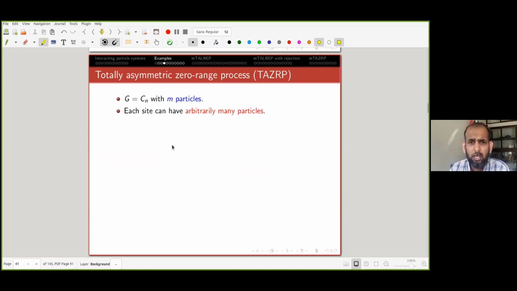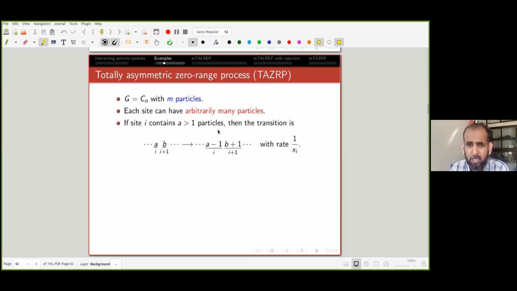Okay, so another example is the totally asymmetric zero range process. Here we're looking at the cycle graph, again m particles. Now, as I said, each site can have arbitrarily many particles. So suppose the ith site has more than one particle, let's say a. Then one particle from there moves right with rate 1 by x_i.